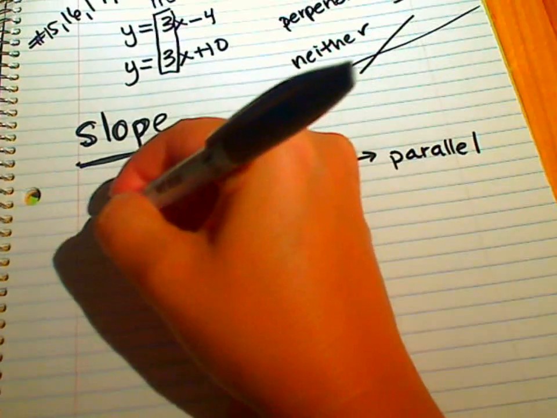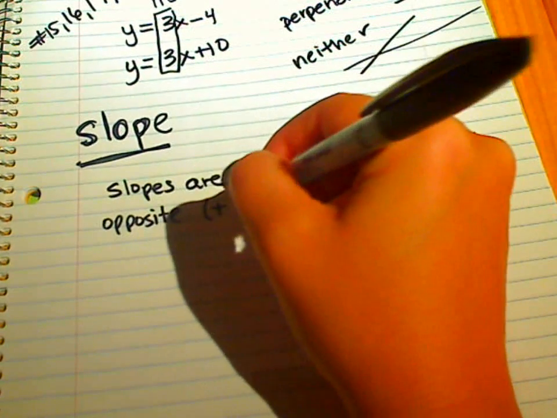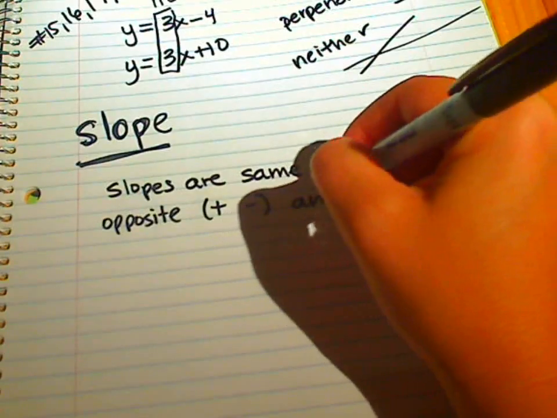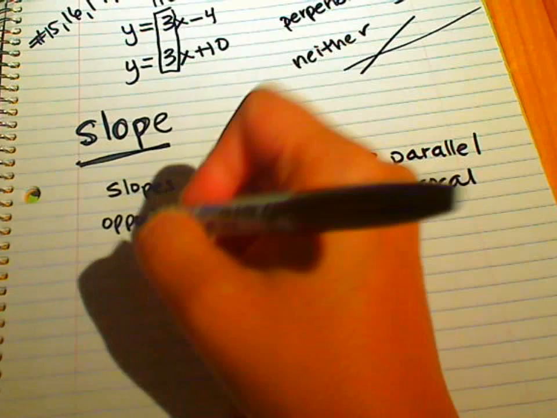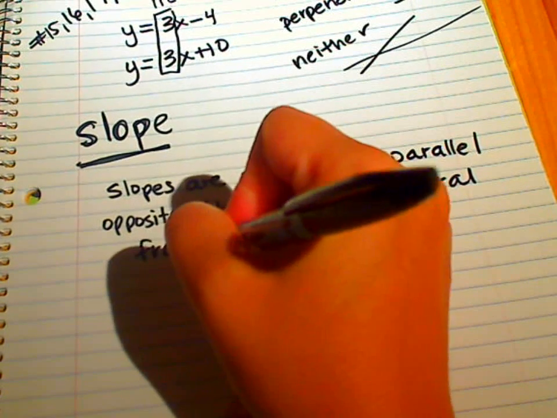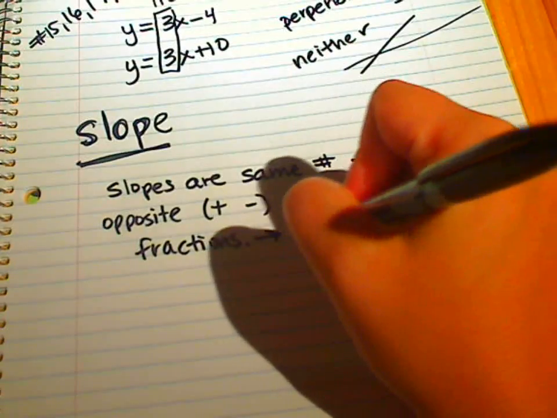If they are opposite, so one's positive, one's negative, and reciprocal fractions, this means they are perpendicular.